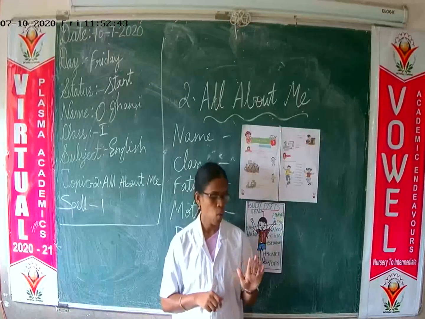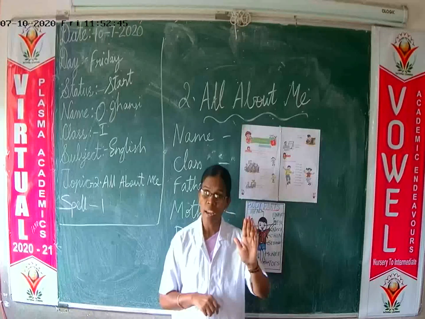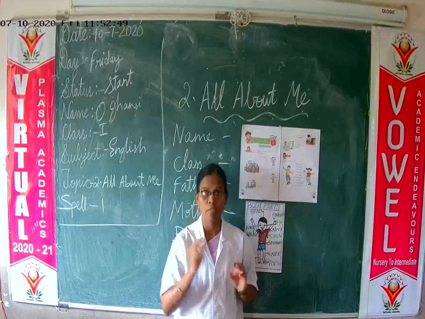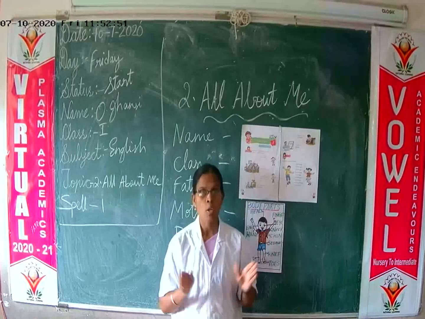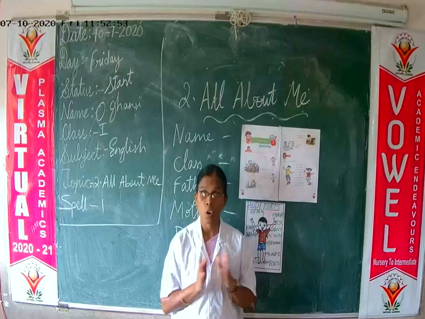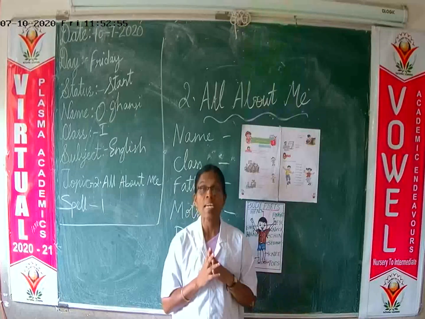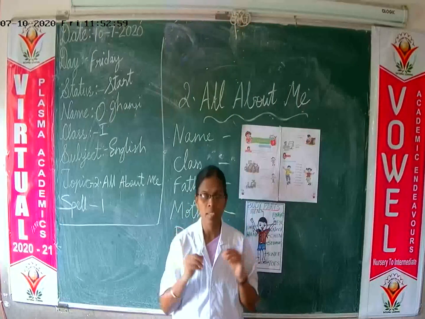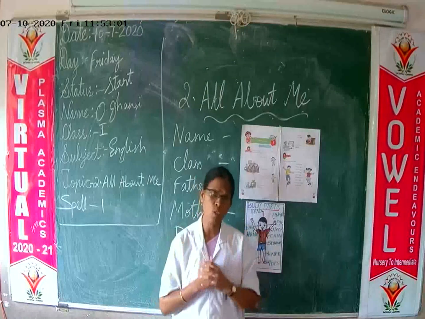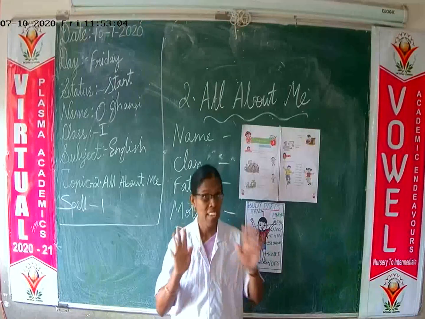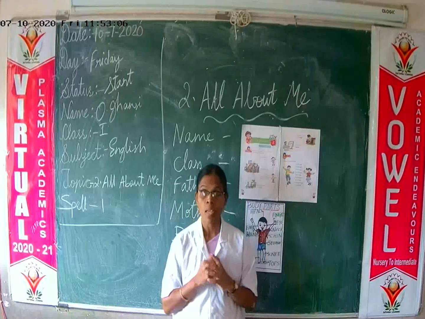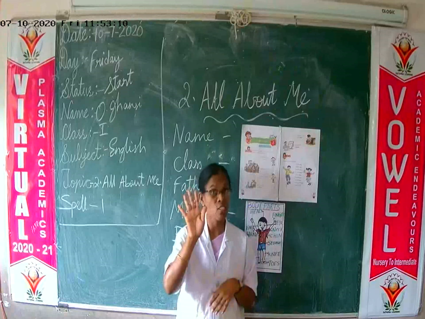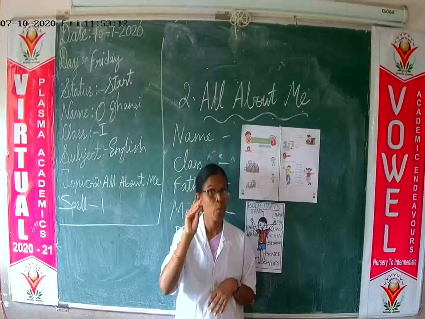Yes? Now, on each hand we have 5 fingers. Yes children? All together, how many do we have? 10. Totally we have 10 fingers. If I ask you, how many fingers do we have children? 10 you should say. If I ask you, how many fingers we have on each hand children? 5 you have to say.